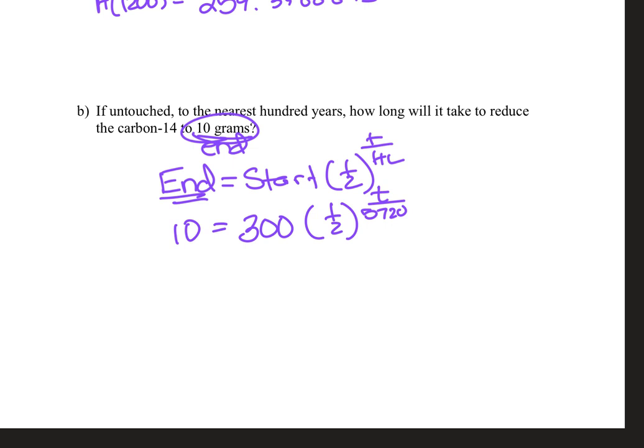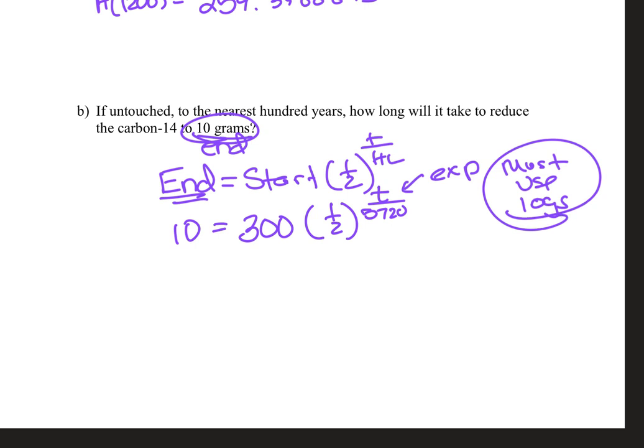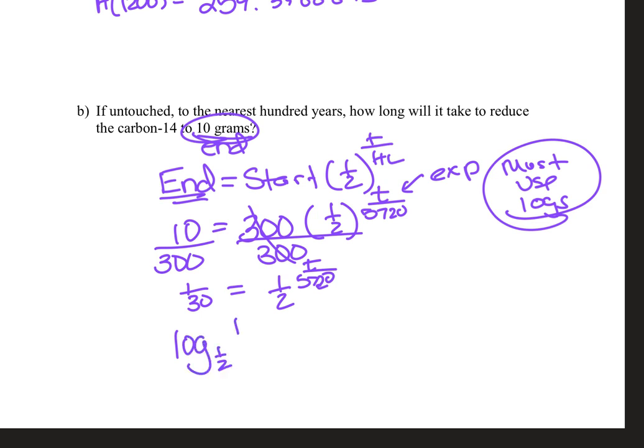Then we solve this like we normally would. This is an exponent, and whenever you're solving for an exponent, you must use logs. There is no other way that we allow. Divide by 300 and you get 1 over 30, or you can figure out the decimal. So 1 over 30 equals one half to the T over 5,720. Doing the log switch, log base one half of 1 over 30 equals T over 5,720.